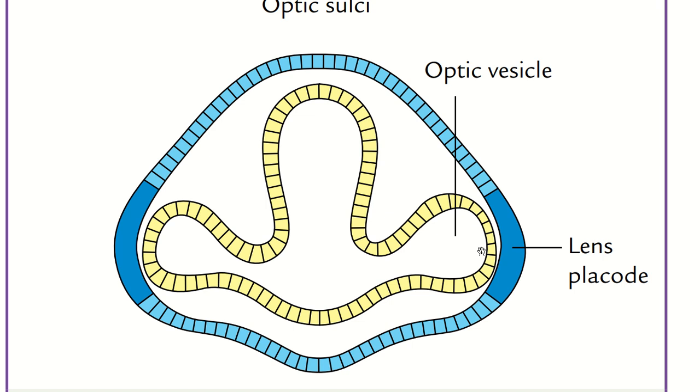Let's take a look at another diagram that reveals the invagination of the lens placode. The lens placode will continue to invaginate until it loses its attachment from the surface ectoderm. That actually happens during week 5. So during week 5, the lens placode loses its attachment from the surface ectoderm.